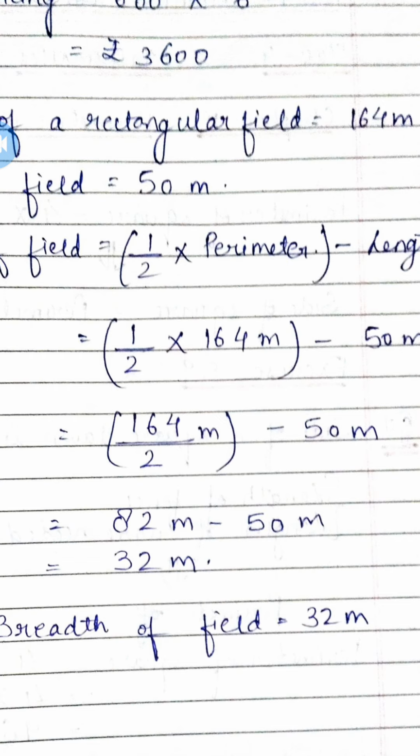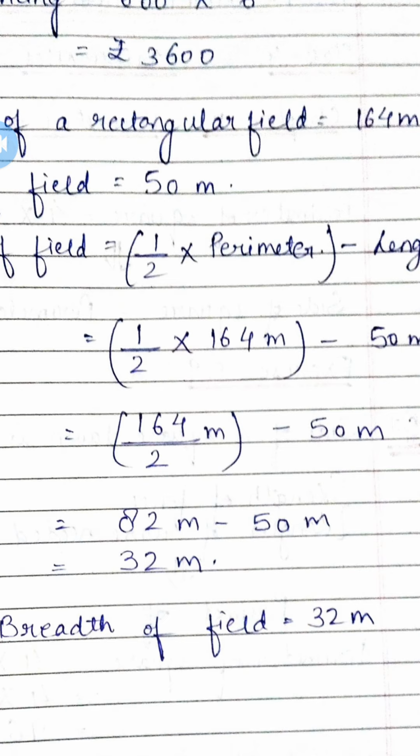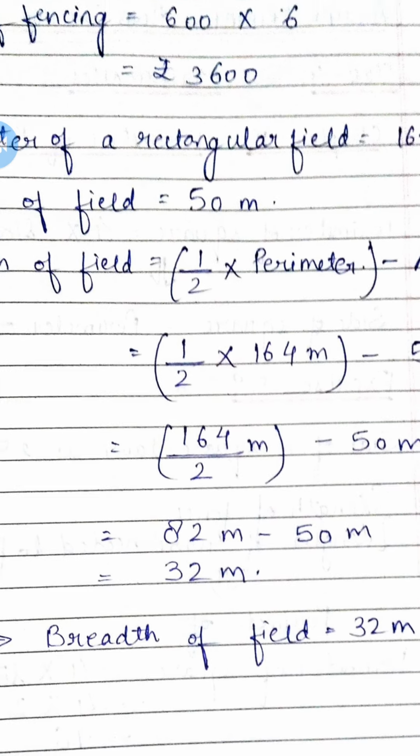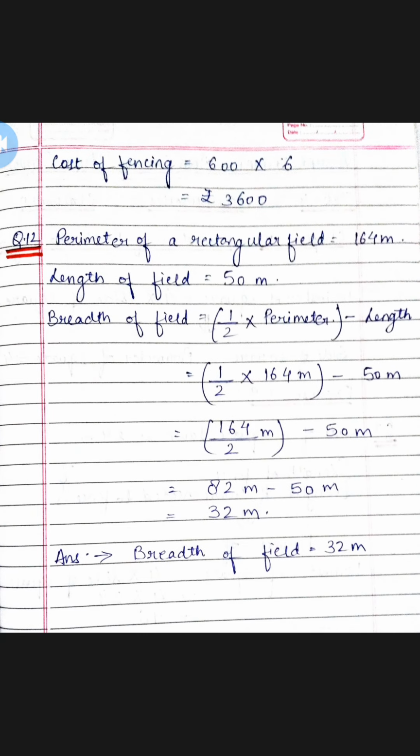Now we will multiply the numerators: 164 multiplied by 1, that means 164 upon 2 meter, minus 50 meter. So 164 is to be divided by 2. Divide 164 by 2, how much will come? 82 meter minus 50 meter. So the answer has come how much? 32 meters. So the breadth of the field is 32 meter.